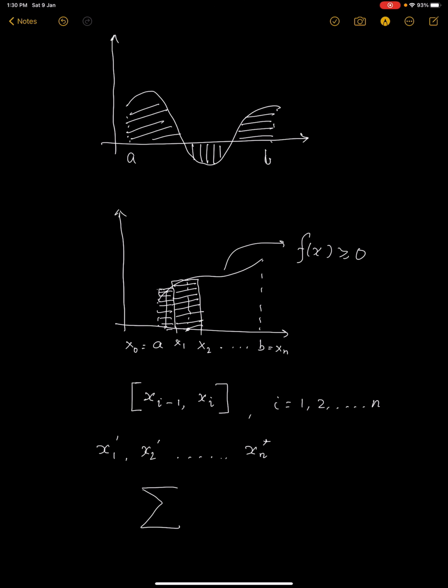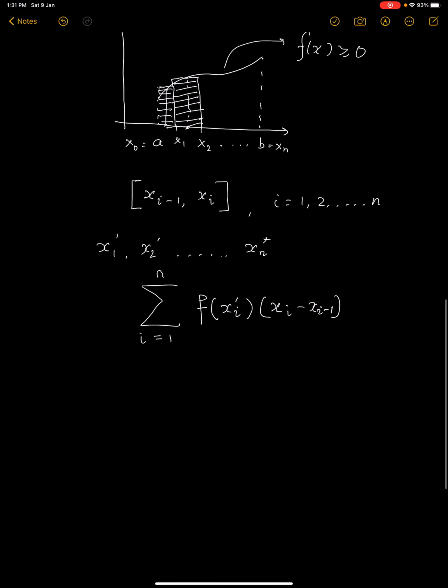My height, the length of the rectangle, is the function value at the tagged point, and then times the length xi minus xi minus 1, because xi is always bigger than xi minus 1. Here obviously b is bigger than a, and that goes from i equal to 1 to n.